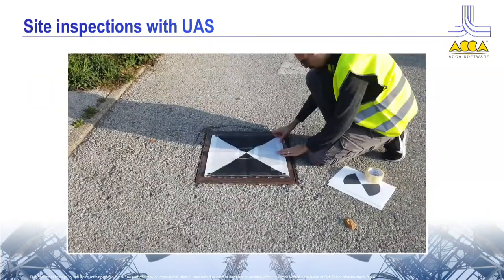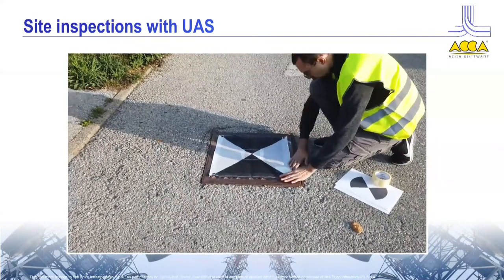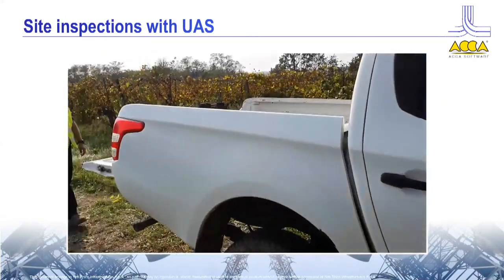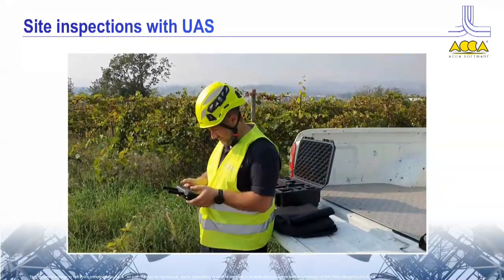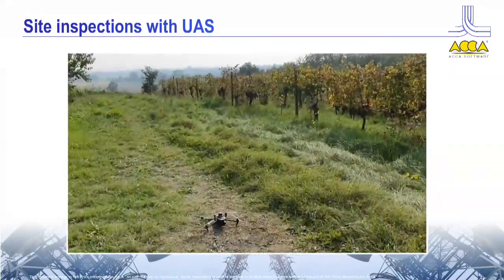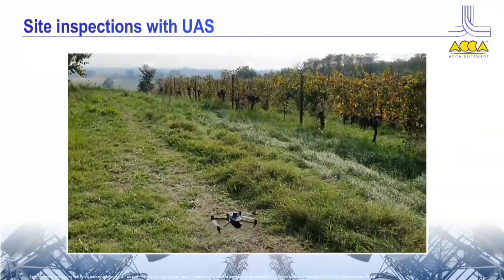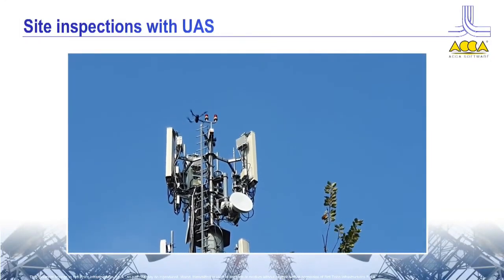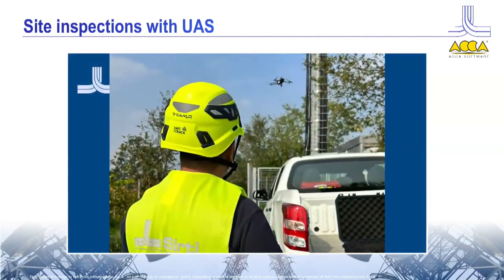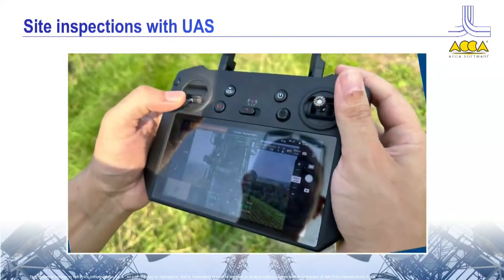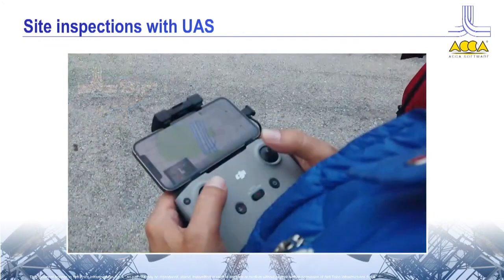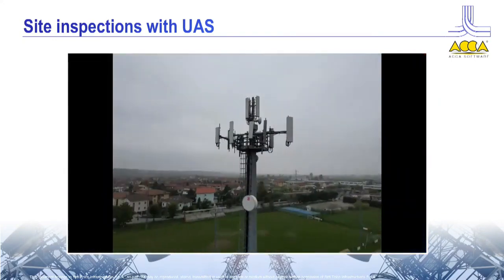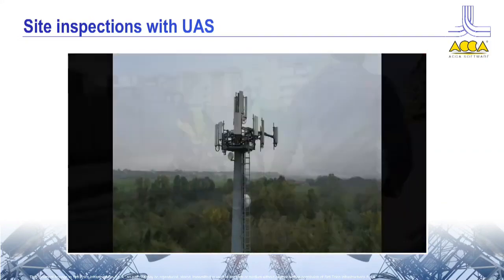Let's see some images of the survey campaign, starting from the positioning of a registration mark to process the point cloud afterwards. Also, aerial photogrammetry drones have been investigated for the surveying of the towers. For the survey of the surrounding areas, we emphasize the use of aerial photogrammetry, like you can see in these pictures.